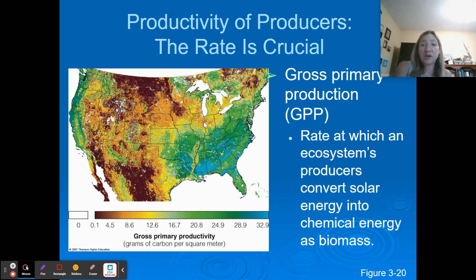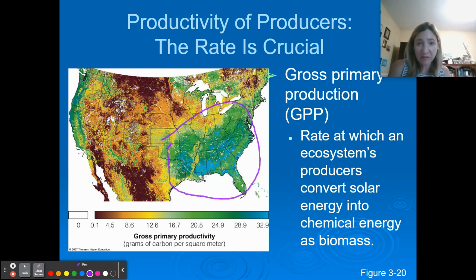All right, so productivity is really important, crucial, in other words. If you see that map there that shows gross primary productivity, in grams of carbon per square meter, there's regions which have a lot more productivity. Let me see if I can turn on my pen again. The southeast here has got a lot of that green.